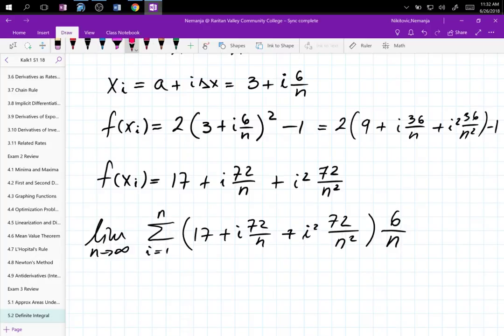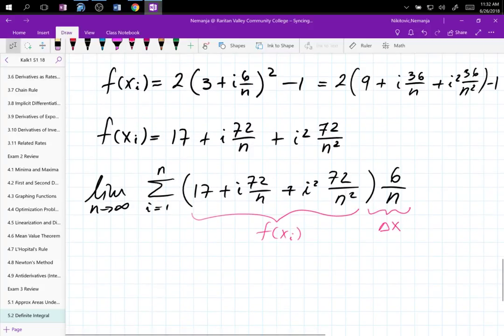Again, as in a previous problem, this first part is your f of xi from the formula, and this is your delta x from the formula. So all we have is the formula: limit, summation, f of xi times delta x.